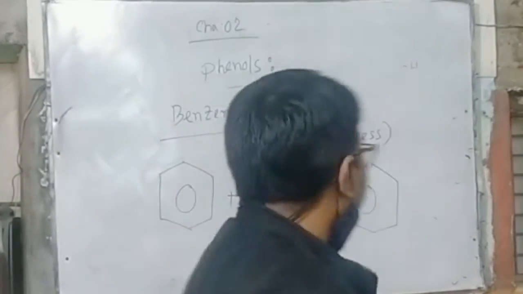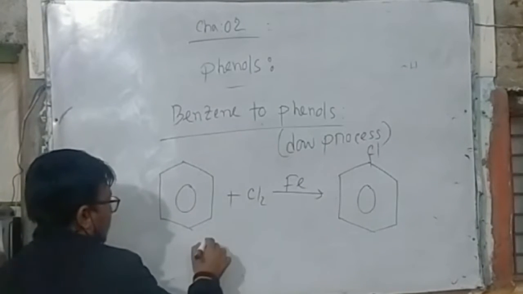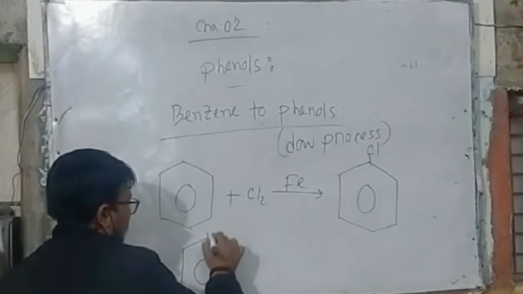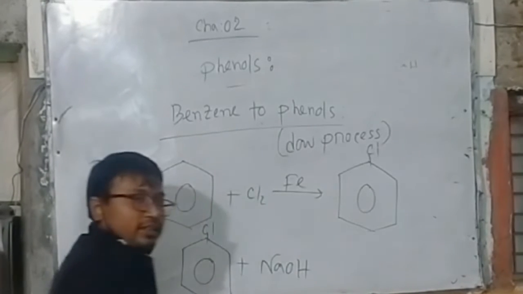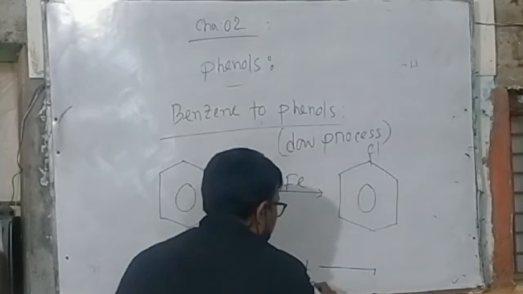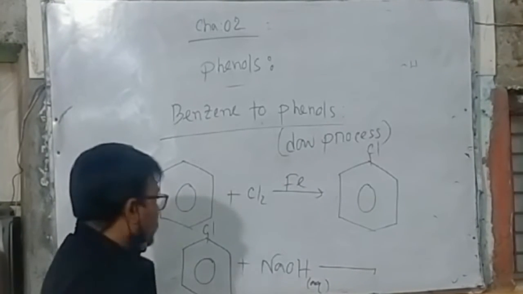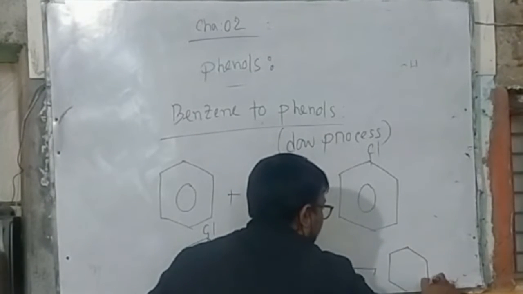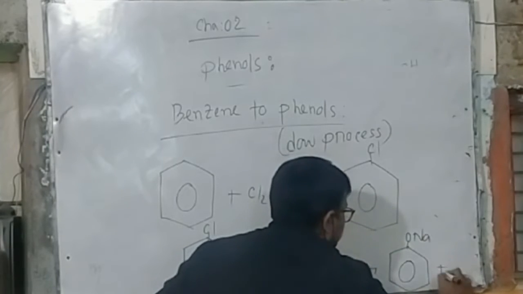Now this chlorobenzene reacts with sodium hydroxide as base, an alkali solution, then produces sodium phenoxide plus HCl.